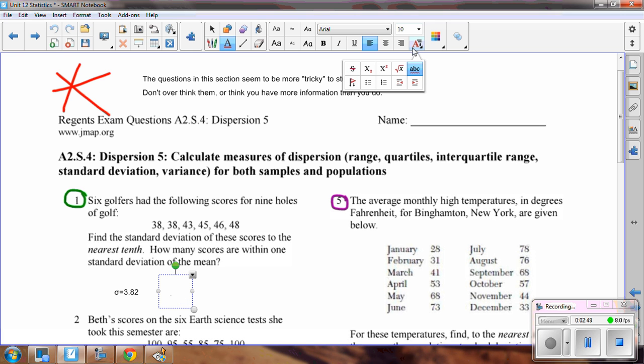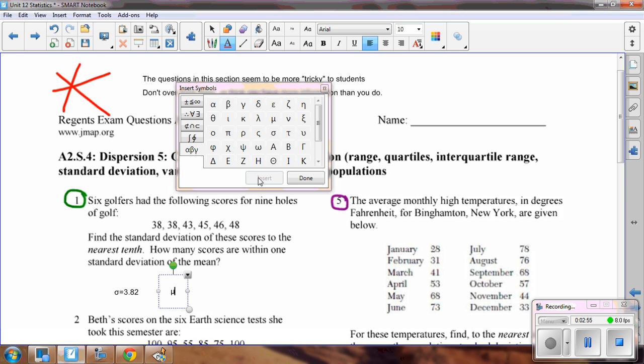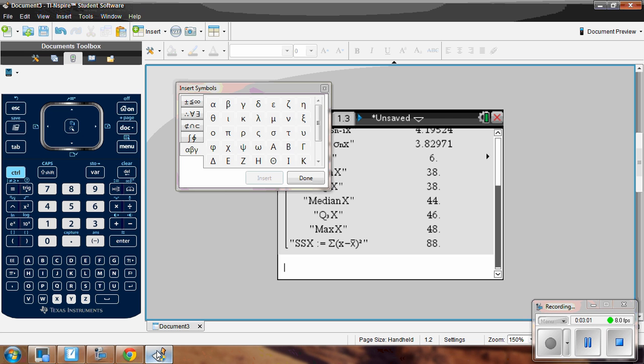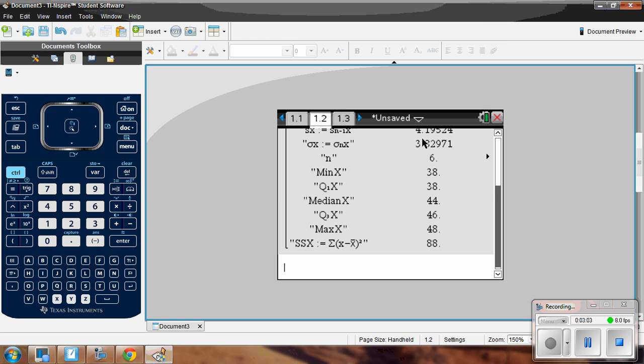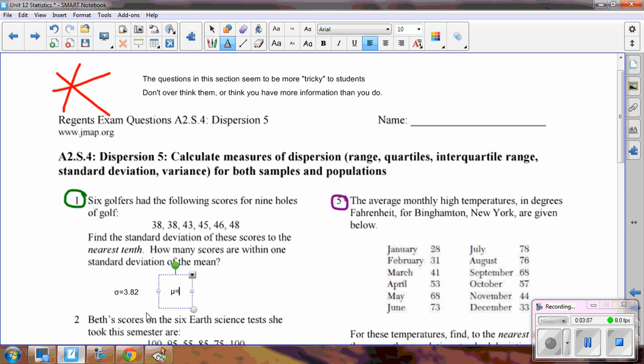We also need to know what the mean is. So let me get the symbol for mean. It's mu, or x bar, but we're going to use mu in this case because I don't have an x bar symbol. And we go back to the calculator and find out that the mean, x bar, is 43. So the next question is how many scores are within one standard deviation of the mean?